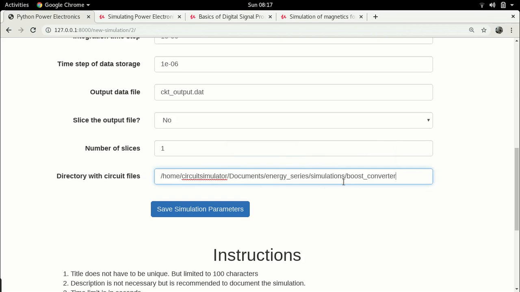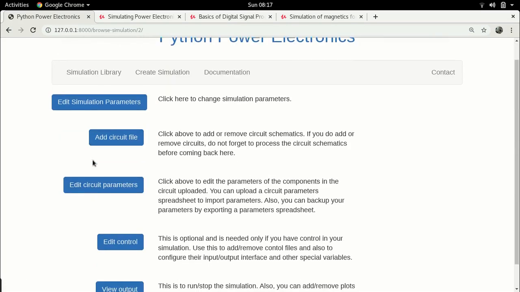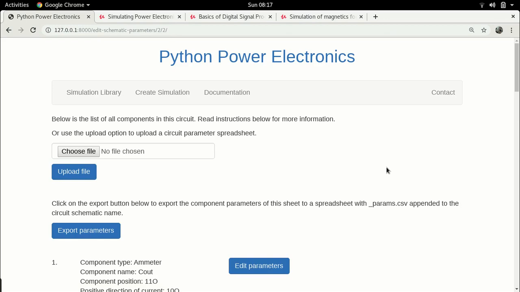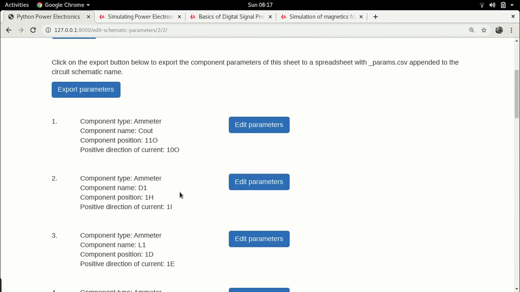Yeah, so you see it had changed, which is the reason why it was saying file not found. So let me go back again. Because if the directory changes, the working directory needs to be updated because the simulator will look for all files within that directory. So now we have everything.